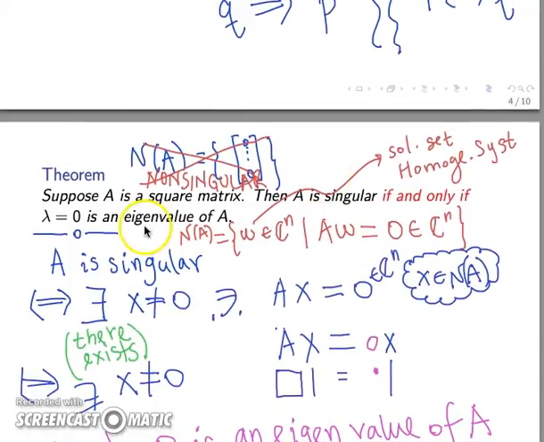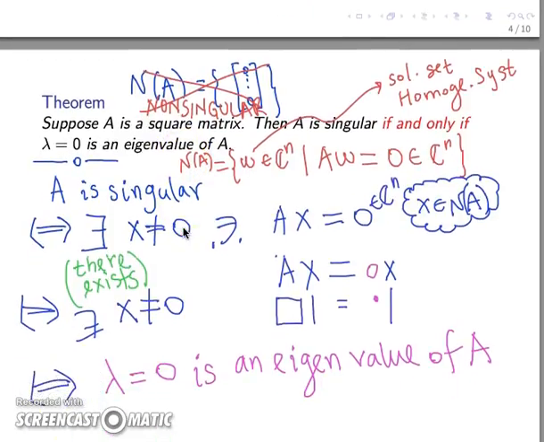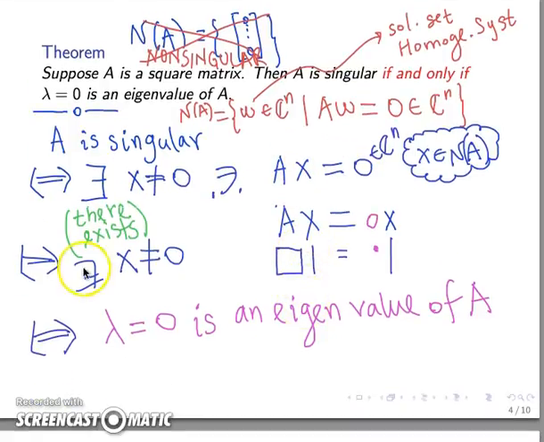A is singular if and only if lambda equals 0 is an eigenvalue. So we say, A singular if and only if there is a non-trivial member of the null space, that is X different from 0, which satisfies that AX equals 0. And that is true if and only if that 0 on the right side of that vector equation is expressed as the scalar 0 times the non-trivial vector.